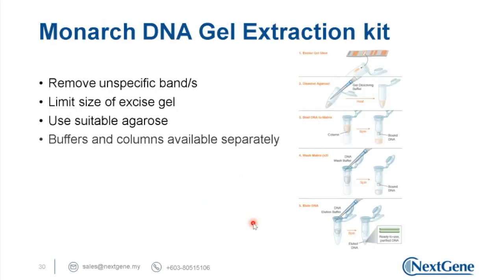So let's say if you have a primer dimer issue that is causing problems for your Sanger sequencing, or your PCR product consists of multiple bands, then we can opt for using the gel extraction kit. So we will cast a gel as normal, load DNA inside, separate bands of different sizes, and then cut the band contained in the gel.